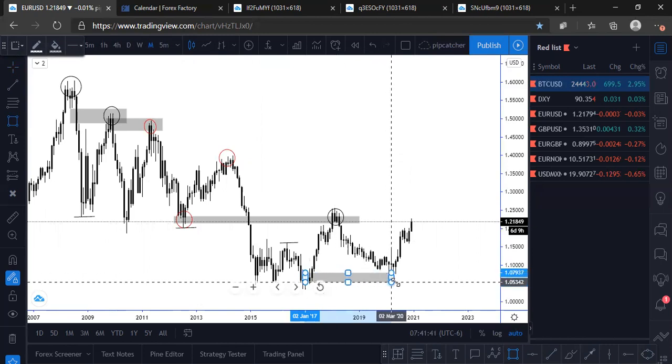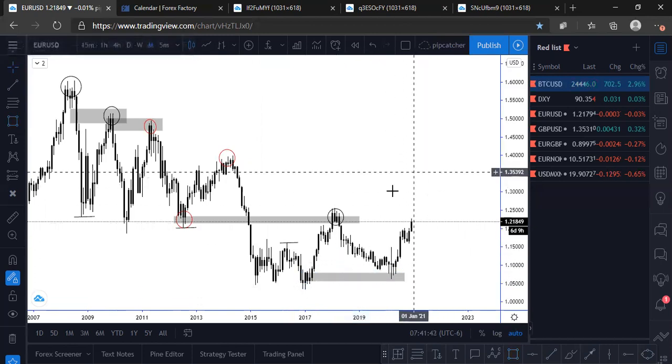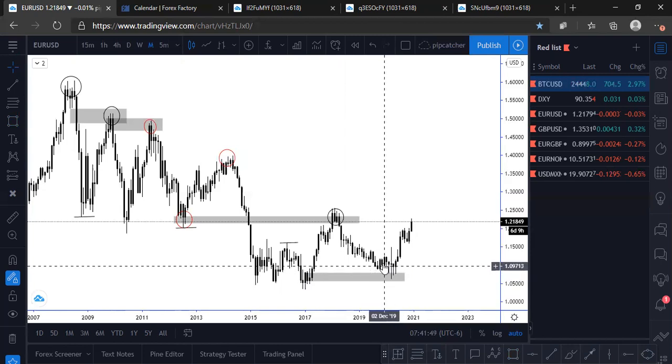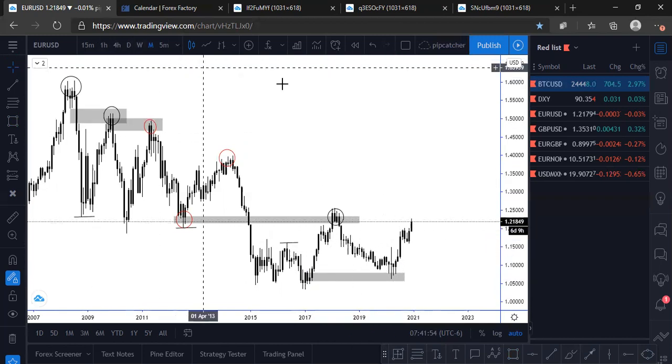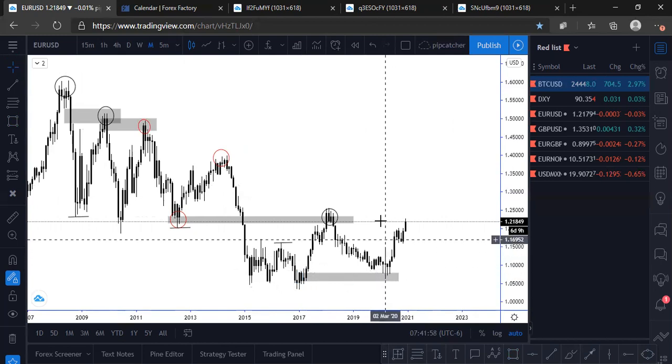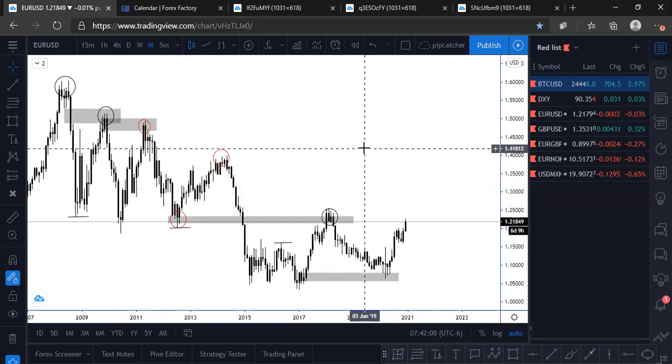Look in this area here. You see that? We would have had a very, very precise entry if we would have scaled down to say the 4 hour, the 1 hour time frame. We would have had a very clean entry right there.